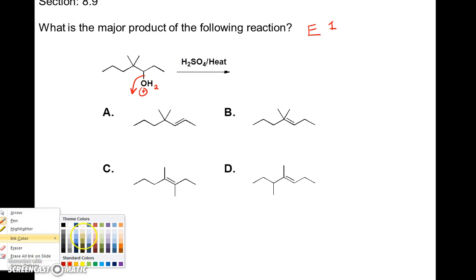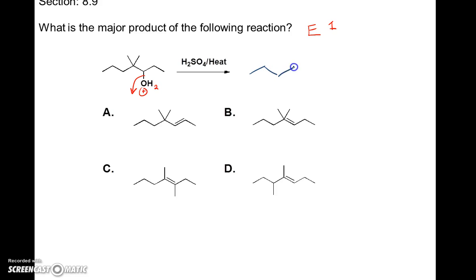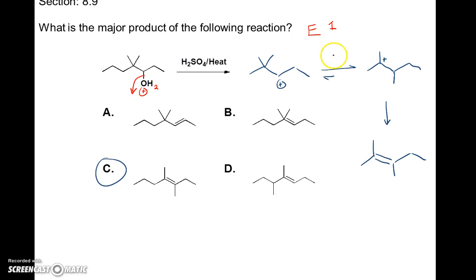What's going to happen is you're going to have the formation, then you have a hydride shift, so your answer is going to be C. So you're going to have a 1,2 hydride shift, because you can imagine that this methyl can migrate like that. So that's why your answer will be C.